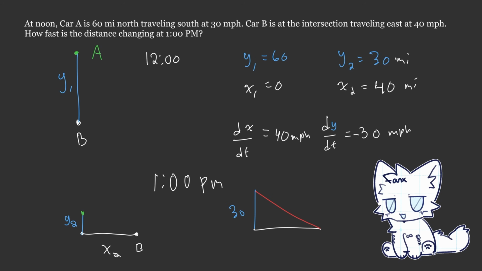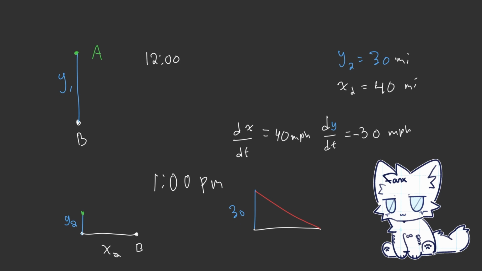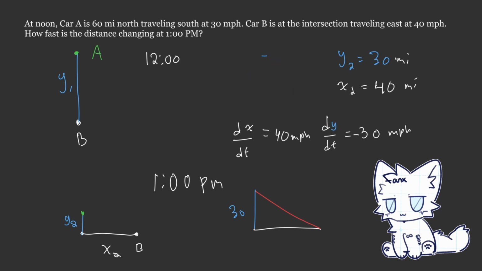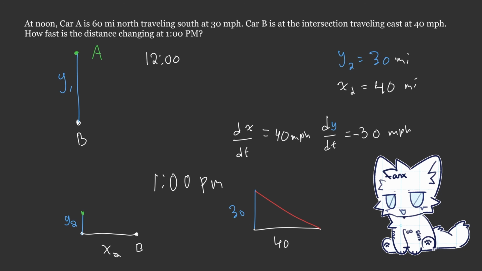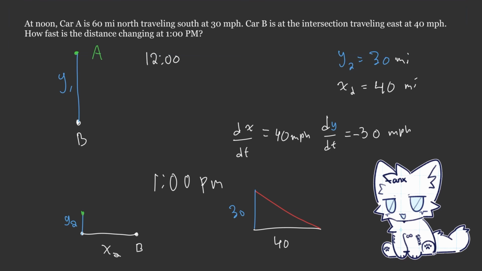We use the second situation because we only care about how fast the distance is changing at 1 p.m. So these values, we can actually just get rid of them. They don't factor into our final calculation. And then x2 would be 40 miles away, and the hypotenuse would be the distance. Let's name that distance d.